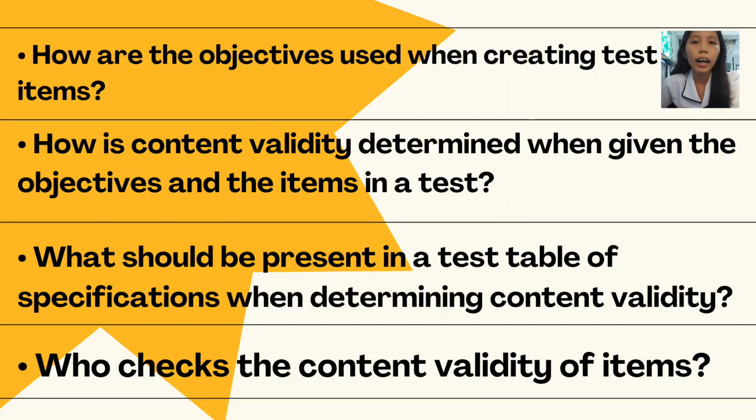So lastly is who checks the content validity of items. The answer is, it is the subject matter experts or tinatawag nating SMEs. Ang example nito is yung mga department coordinators, master teachers, principal, or mga kapwa na subject teachers.